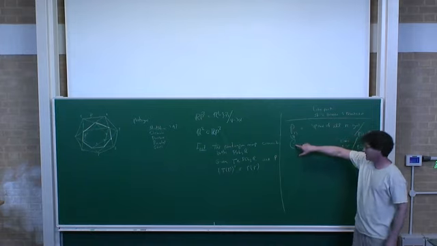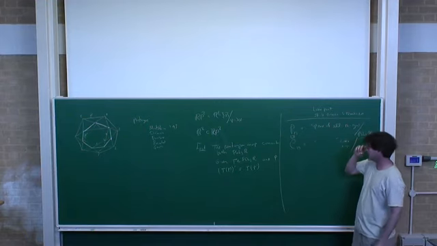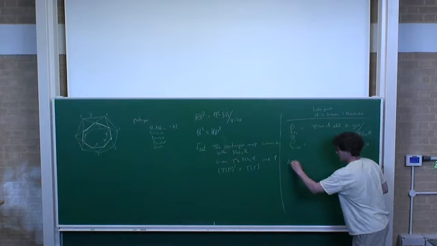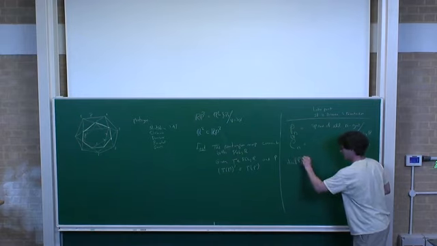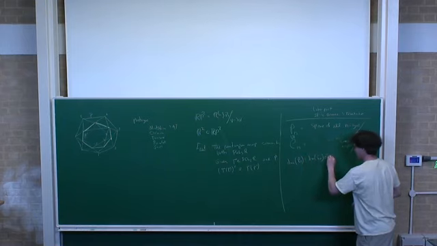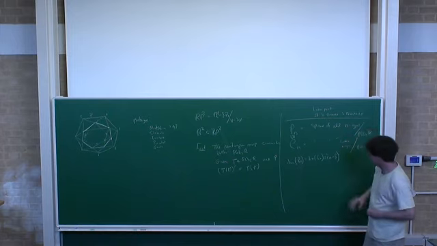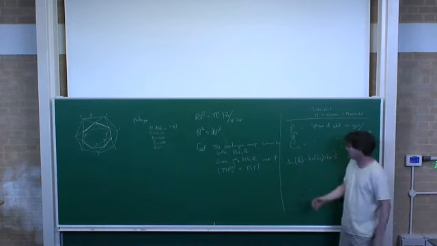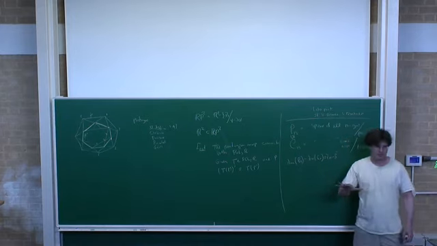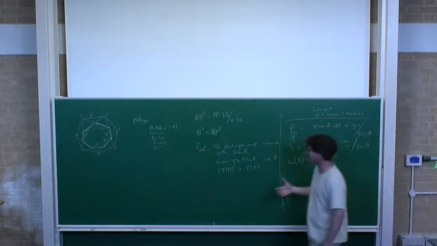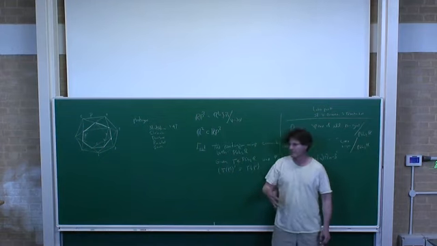Let me try to convince you that, well, let's say what's the dimension of these spaces. The dimension is 2n minus 8, because there are n vertices, so you have 2n coordinates for these vertices, and PGL3R is invertible matrices mod scale.